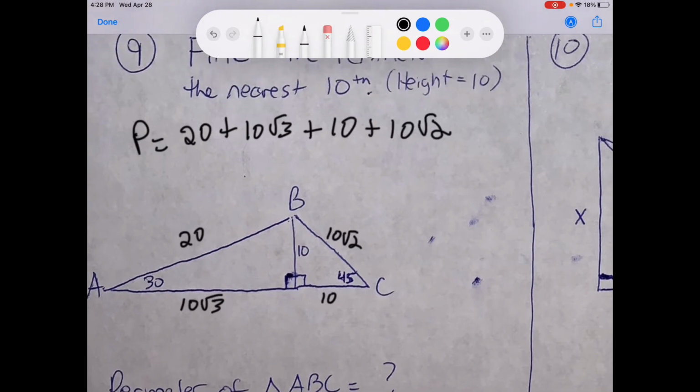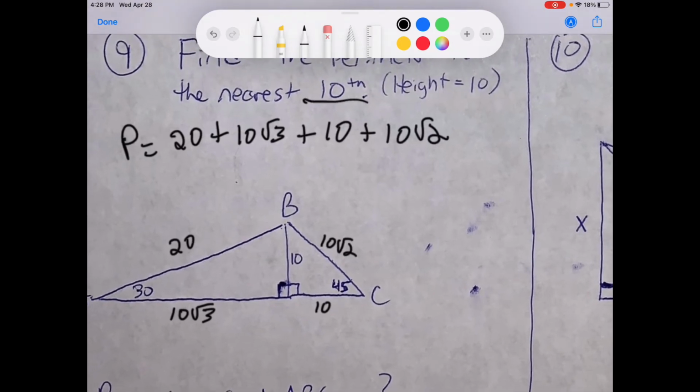Since this question wants the nearest tenth, we need these in decimals. In your calculator, do 10 times the square root of 3, which equals 17.3.